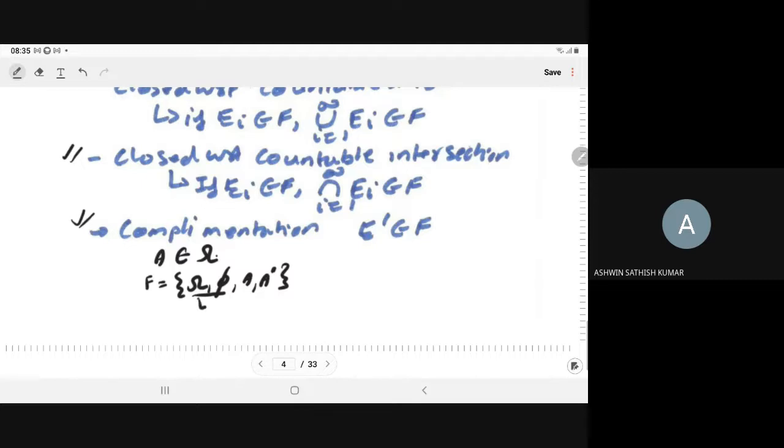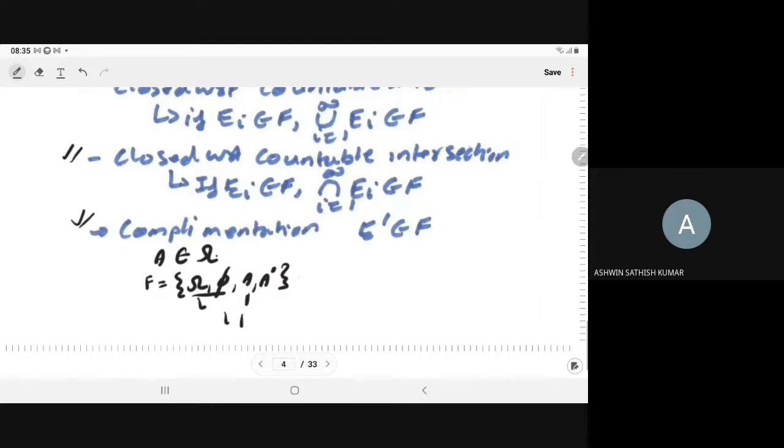If you take omega and A, their union, their intersection, their complementation, all are in the family. Any combination you take, all the countable unions, countable intersections, and complementations, are in this family.